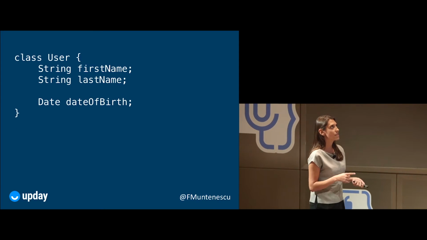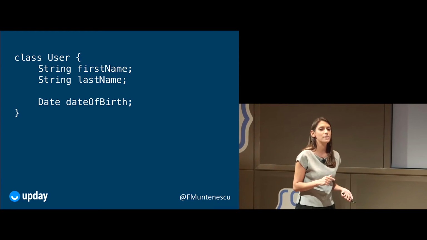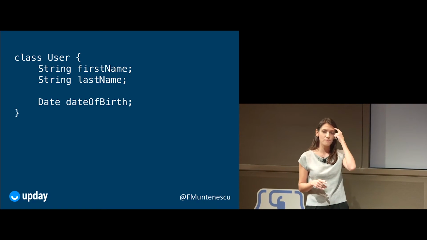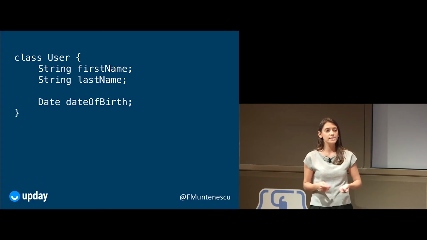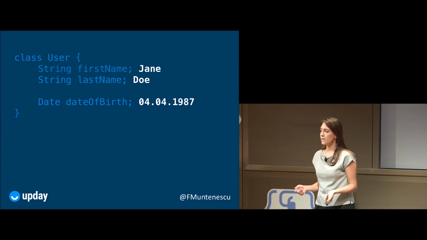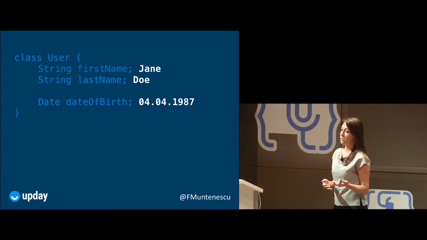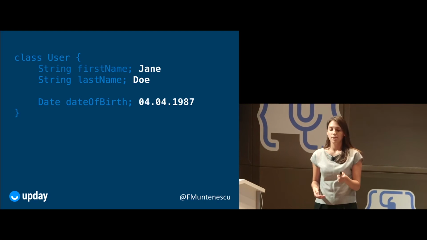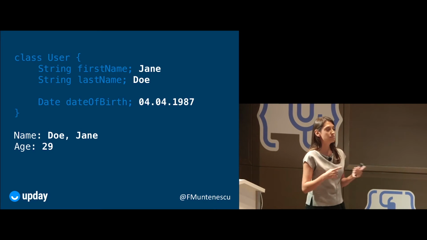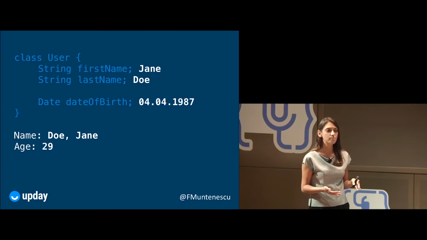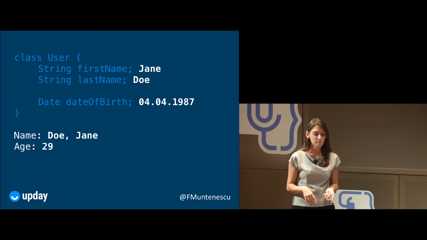Okay, remember our example? Let's complicate it a little bit. Let's say that apart from the first name and the last name, we also have the date of birth. So for example, we would have Jane Doe with the date of birth, 4th of April, '87. But what we need to display is the display name with the same logic and the age.